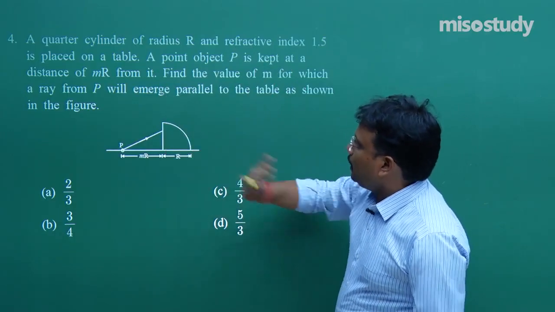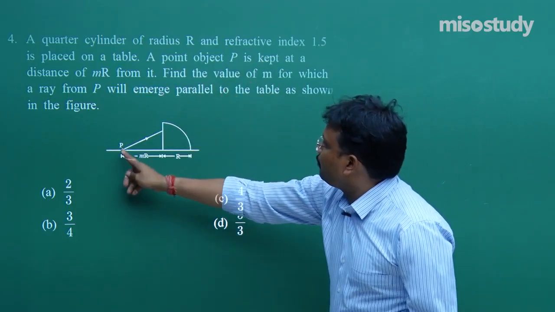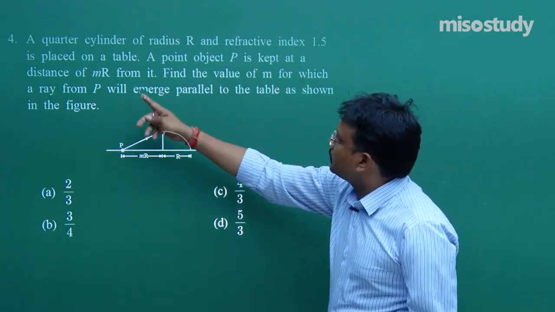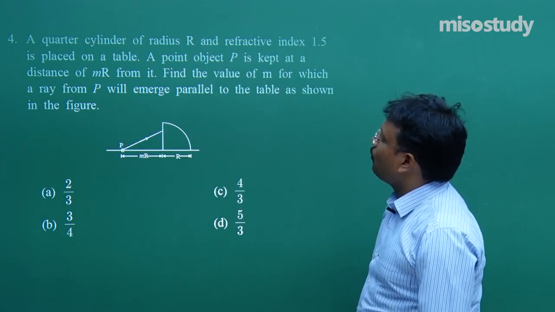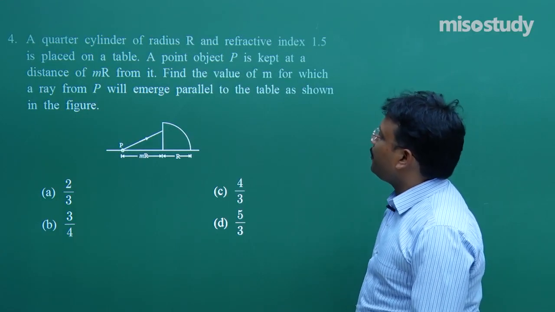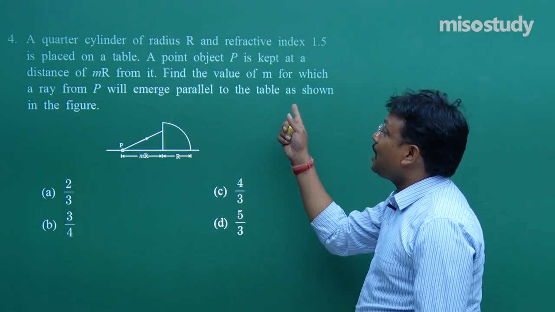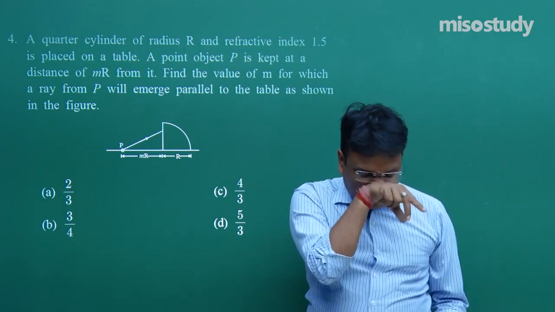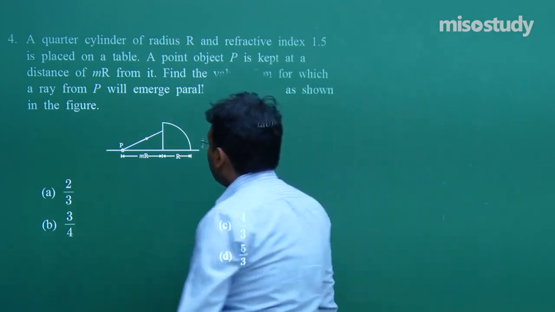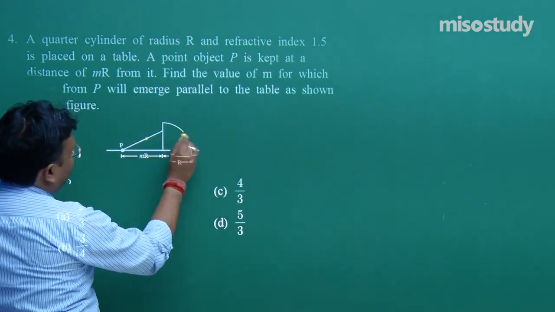Placed on a table, a point object P is kept at a distance of mr from it. Find the value of m for which a ray from P will emerge parallel to the table as shown in the figure. So I think I should draw the resultant ray.